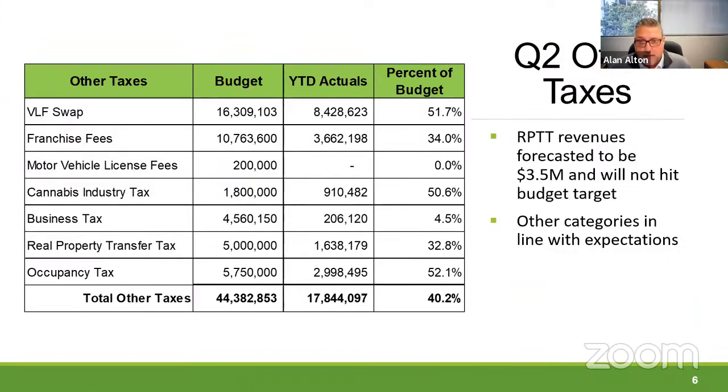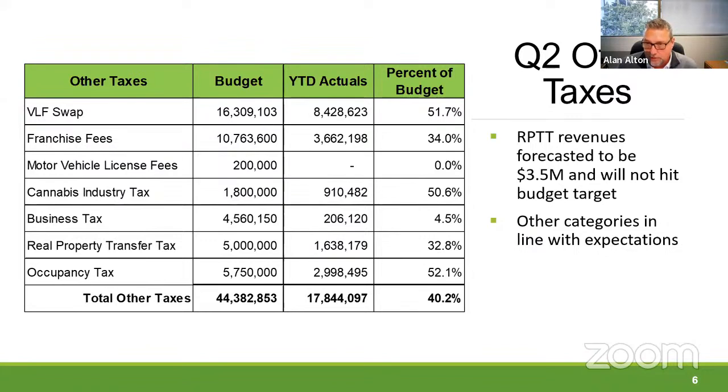So as I mentioned, we have other taxes. There's a couple of them that I think we need to take a look at. Real property transfer tax is one of those. It is coming in lower than budget. We figured that it could, and we're seeing that.